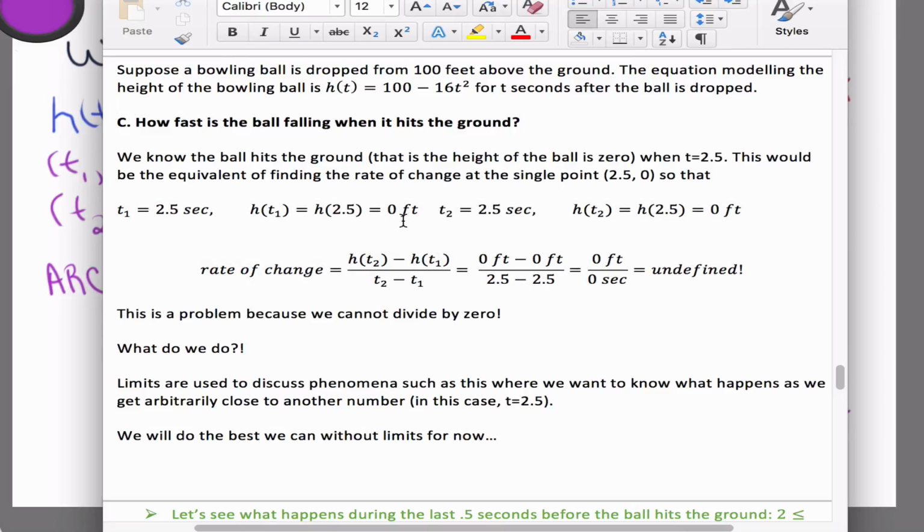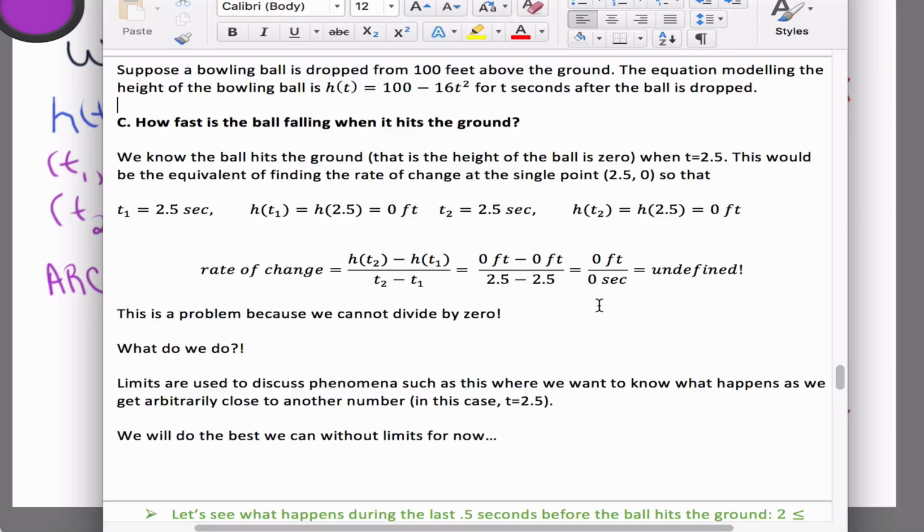And then, of course, the ball would be on the ground, so the height would be 0 for both points. Okay, so when we plug in here, the height will be 0 twice, and the time will be 2.5 seconds twice. And we'll be subtracting here. So we actually get 0 over 0, which is a problem. We cannot have a number in this form.